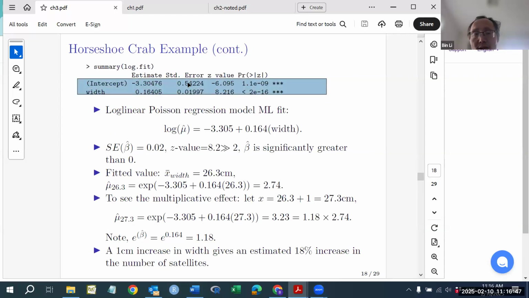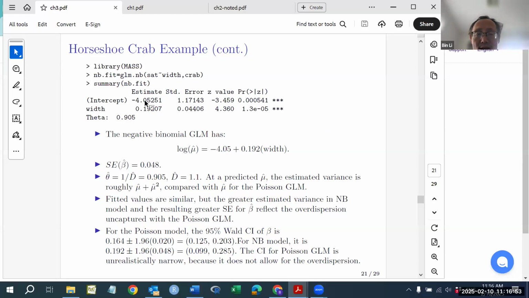They are quite close. One is negative 3.3, 0.16, but you can see this is negative 4 and 0.19. So they are very close. But if you look at the standard error, let's just look at the standard error for the width. That's 0.044.